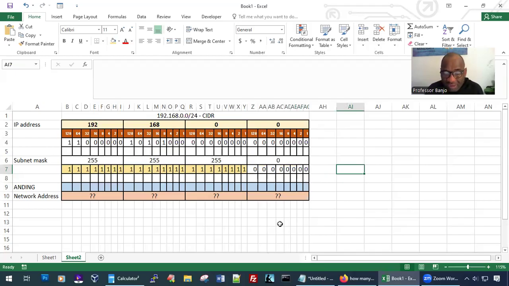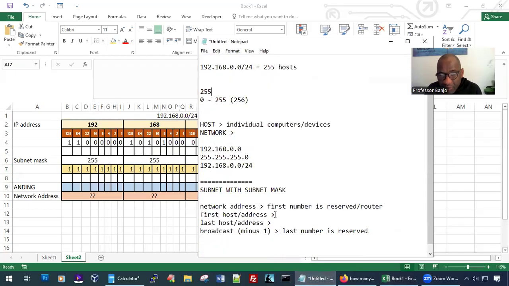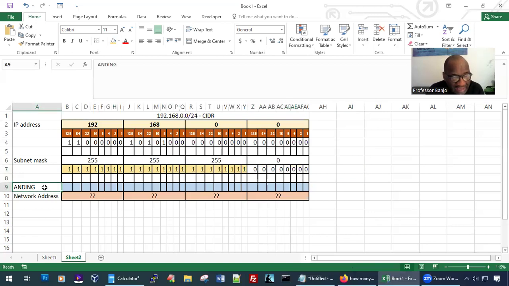All right. So let's try to determine the network address. That is the first address, right? Using this ANDing process, we're just going to do the math. So 1 and 1 here is 1. The next one, 1 and 1 is 1. Here, 1 and 0 is 0.